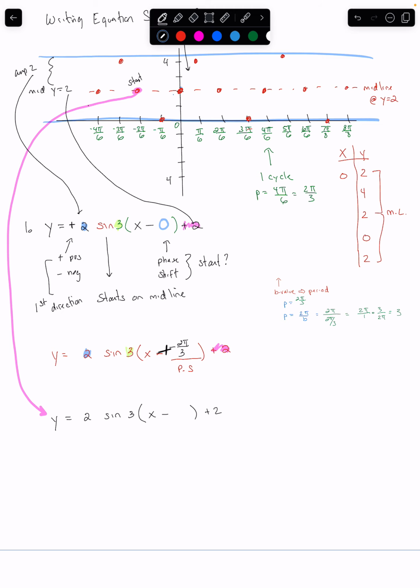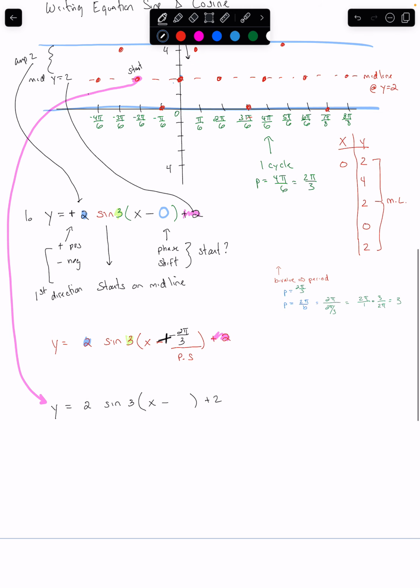All right, here we go. So my phase shift there is negative 2 pi over 6, or negative pi over 3 simplified. Okay, plus. They're always going to be sine functions here because I'm starting on the midline. Right, so anytime you do that, it's always going to be the same thing.